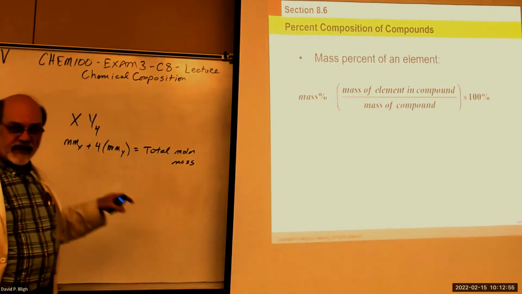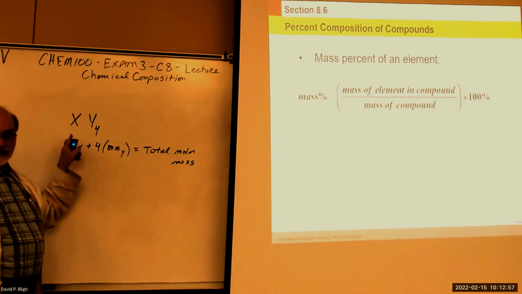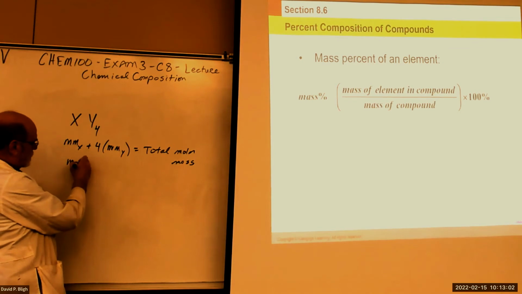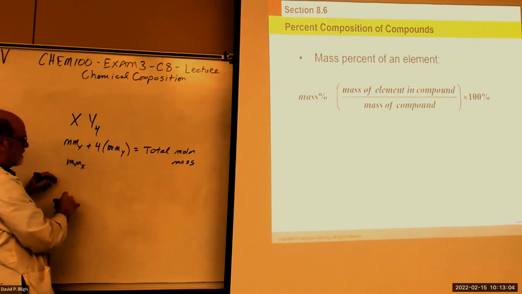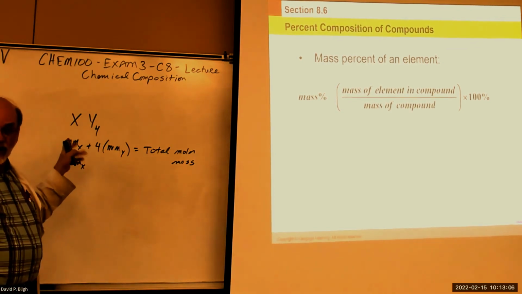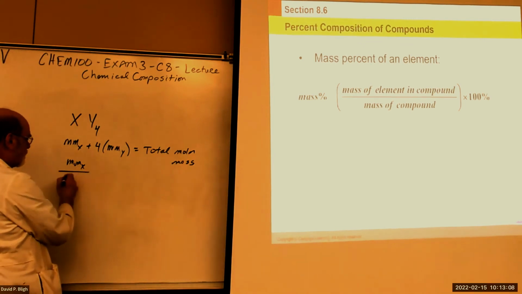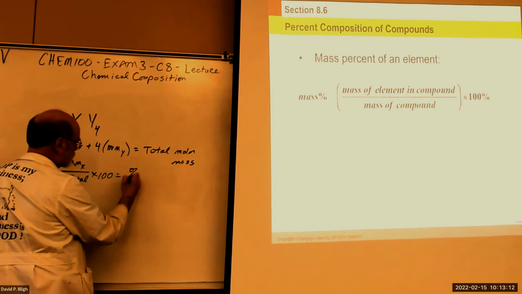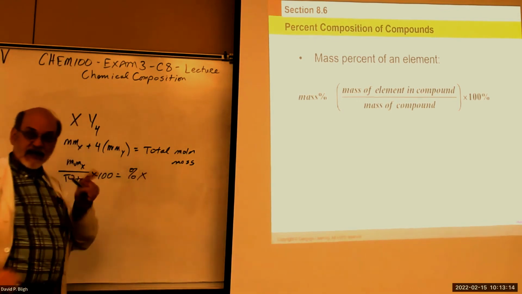If you have 1 mole of that compound, how many moles of X do you have? Well, you have 1 mole of X. The molar mass of X is the mass of 1 mole of X. You divide that by the total, times 100. That's the percent of X in that compound.